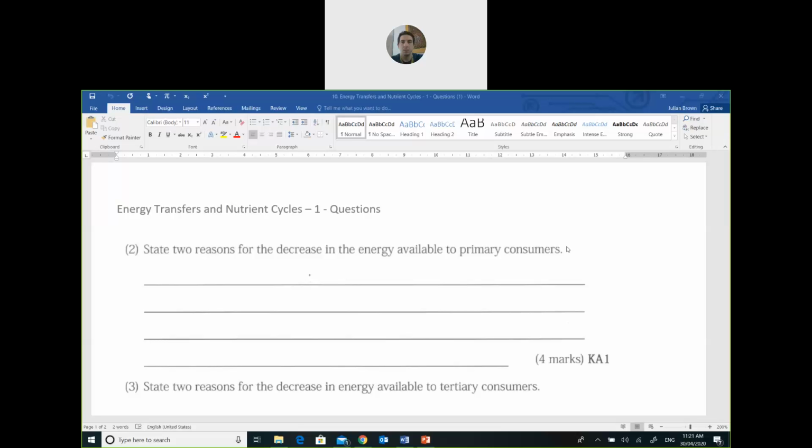So I think what they're asking here is, why is all the energy from the sun not available to the primary consumers? What happens between the sun and the primary producers that we lose so much energy? Why can't the primary consumers eat the plants and get all the energy that was available from the sun?